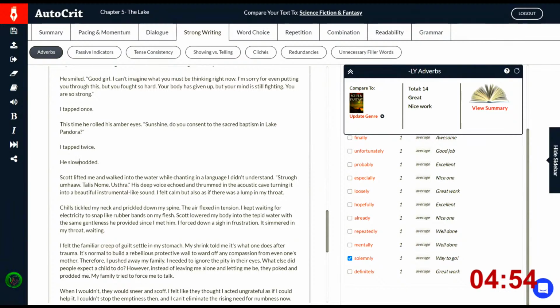He slowly nodded. No, it doesn't like that. So we'll get rid of it and just say he nodded.